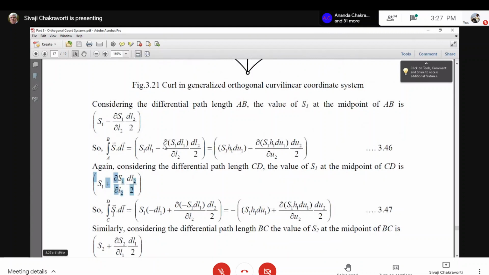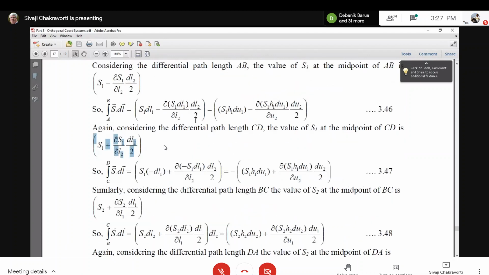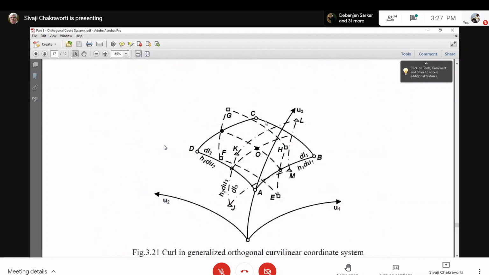Then if we integrate C to D, remember that when we are going for circulation, we have to take the direction A to B, because we are going A, B, C, D. A to B is moving in the positive direction of U1, so we take that as positive, but C to D is going in the decreasing direction of U1, so we take it as negative. The distance from C to D is dl1, but this dl1 is minus dl1.